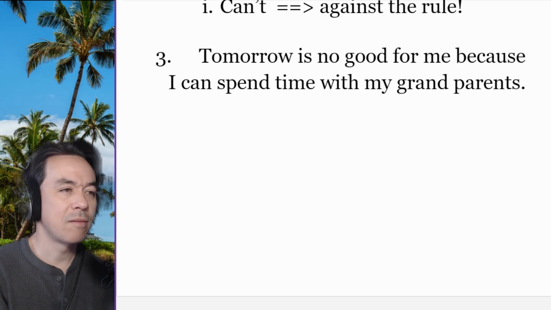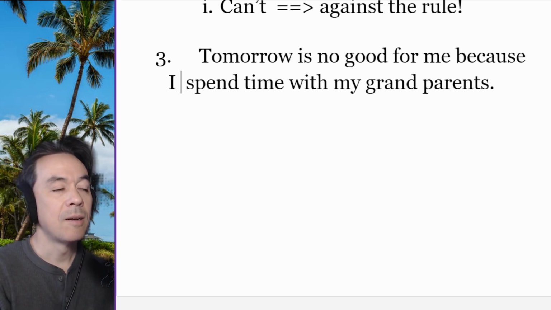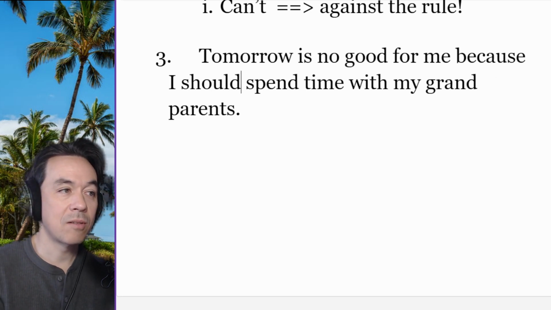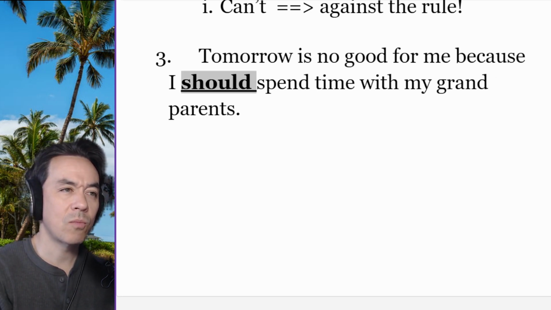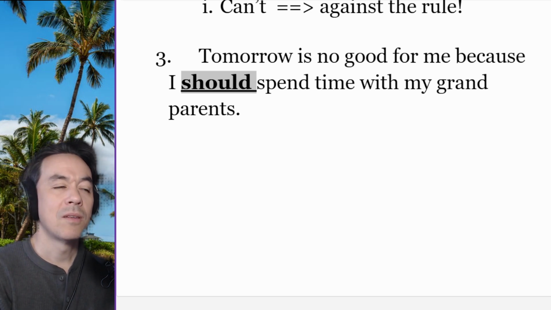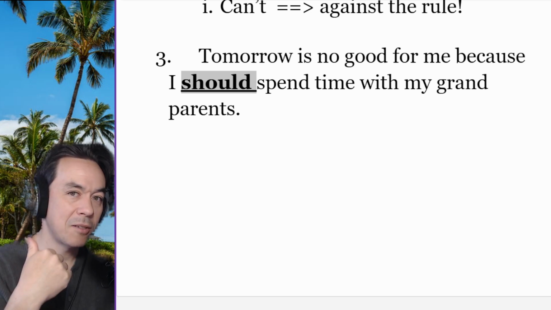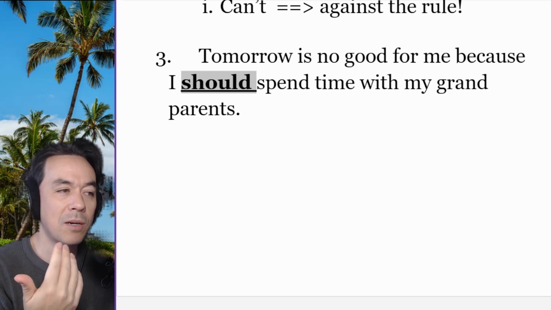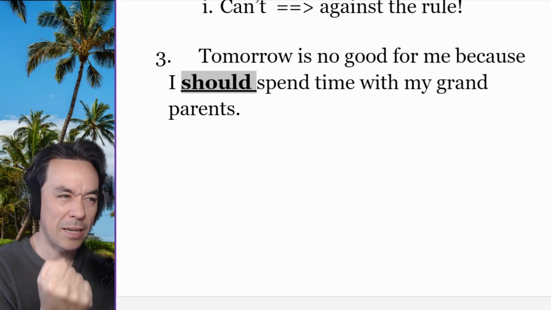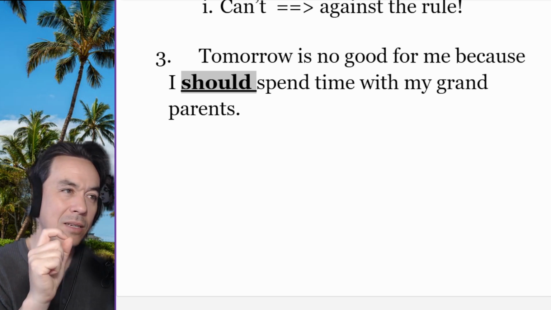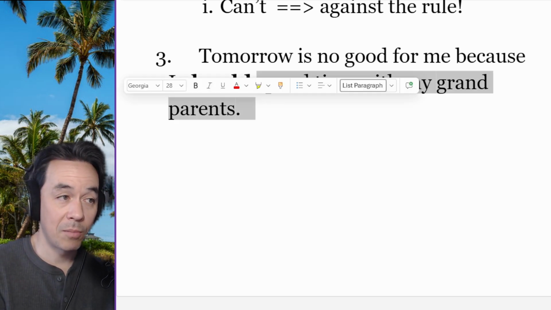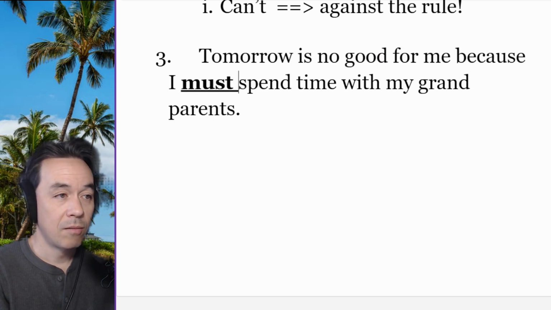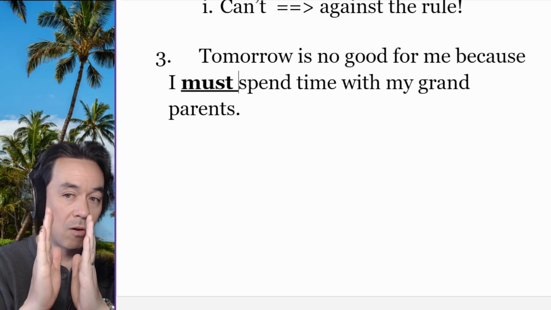No, I don't even know what that means. I should spend time. That works. Again, I'm giving advice to myself. Oh, I should spend time, but it works better with, it's the best idea. Or must spend time. Yeah, grandparents only.